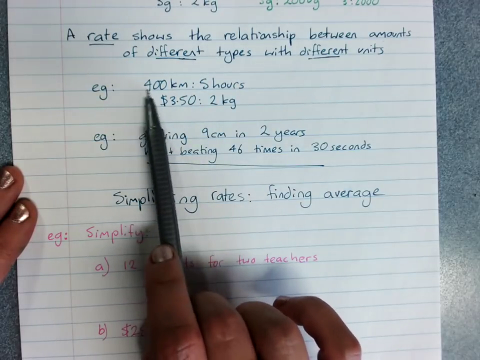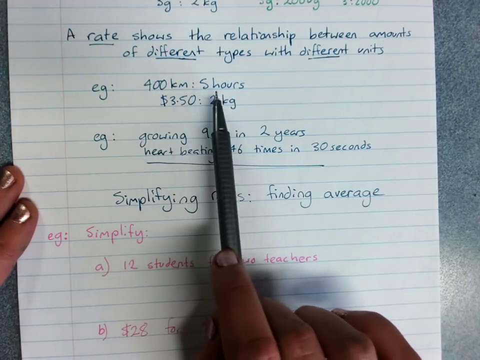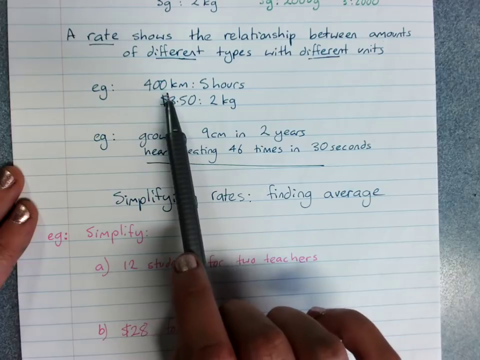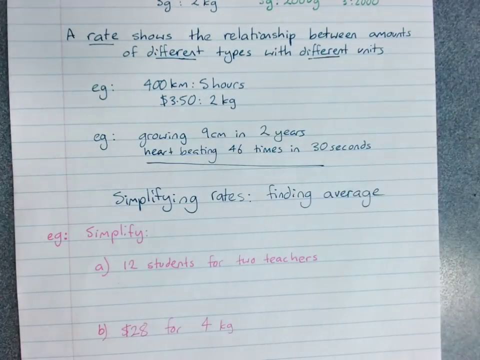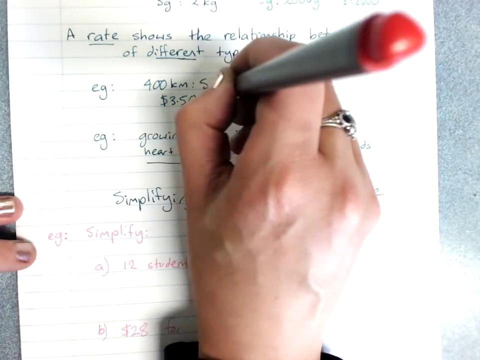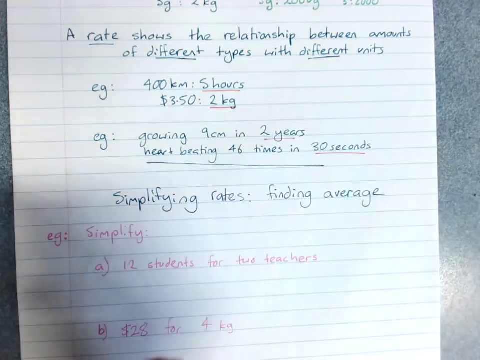So if I'm travelling 400 kilometres in 5 hours, simplifying the rate would mean saying how many kilometres I went in 1 hour. And what that means is simplifying rates is easy because we're going to divide by the second value.